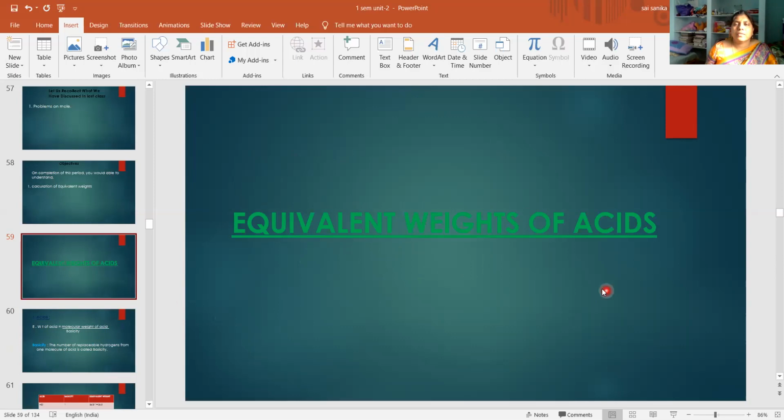We'll discuss first the equivalent weight of acids. For acids there is a different formula, for bases a different formula, for salts a different formula. We'll see one by one. First, equivalent weights of acids.